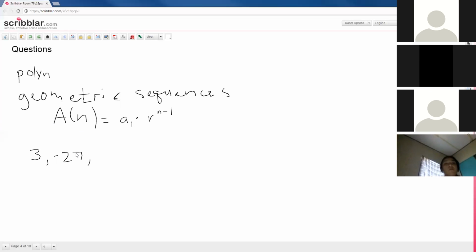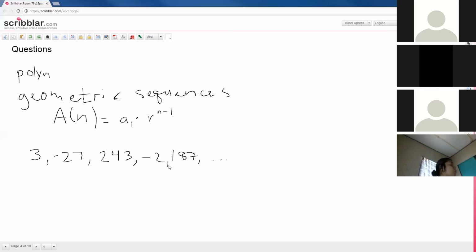I gotta grab my calculator to make this problem up. They're gonna get big fast. So next one would be 243. And then negative 2,187. So the question could just ask you to find the next term.